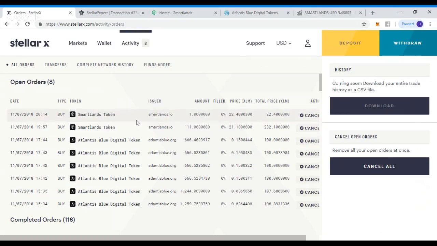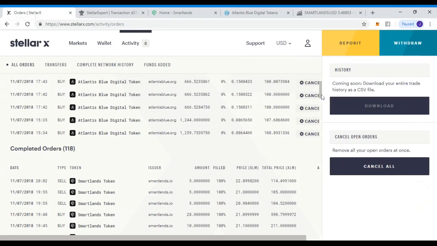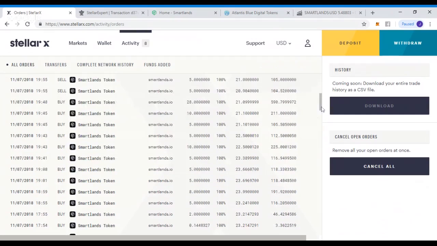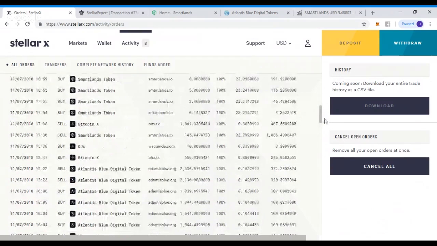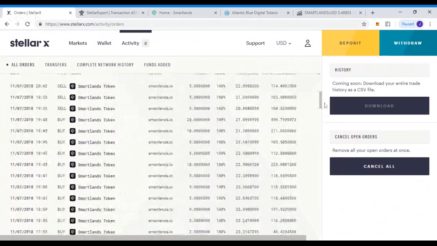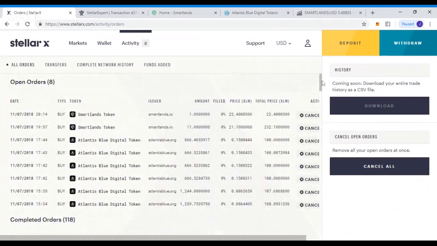Right here, as you can see, I have a couple of buy orders set up. And once executed, those orders will be down here. As you can see, I've been trading in and out of Smartlands a bit. So this is just a quick demonstration on how to use the StellarX platform in order to buy Smartlands token.